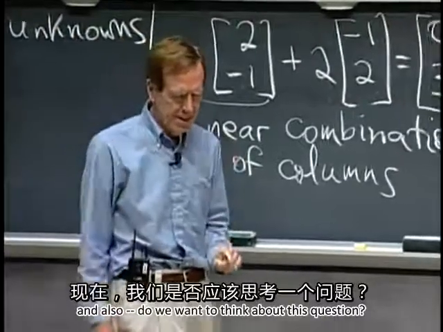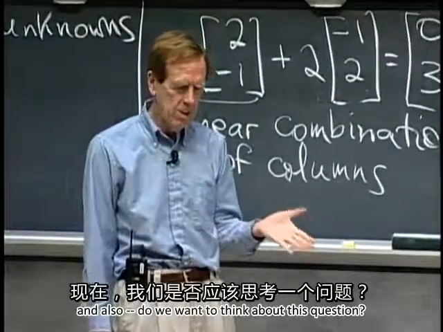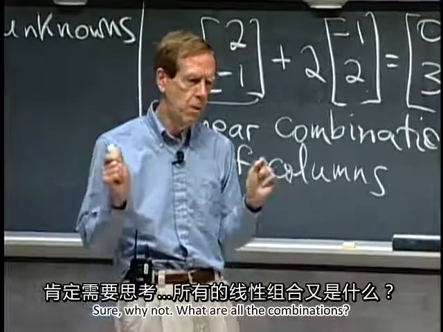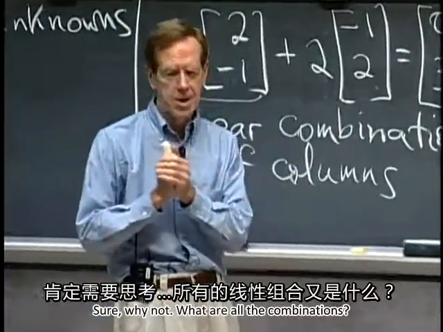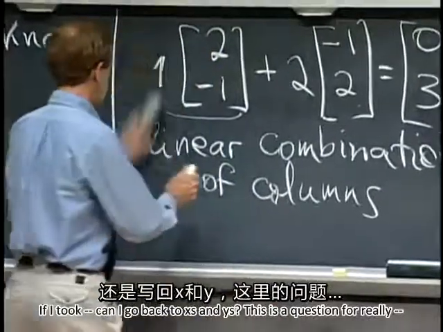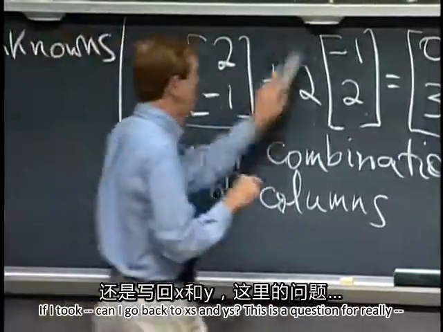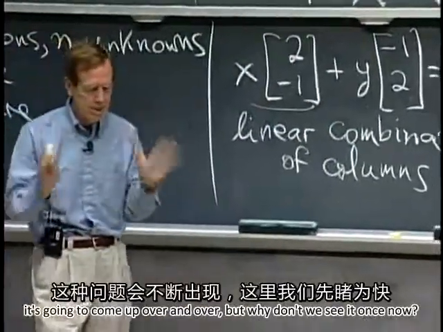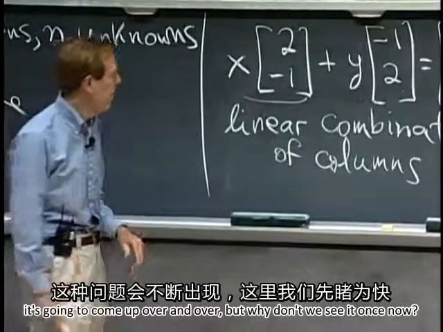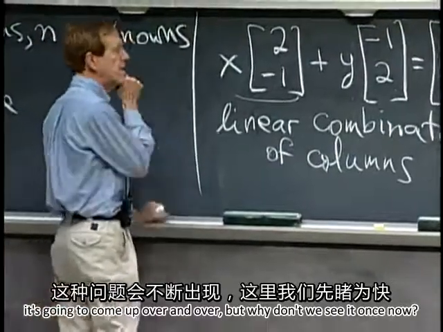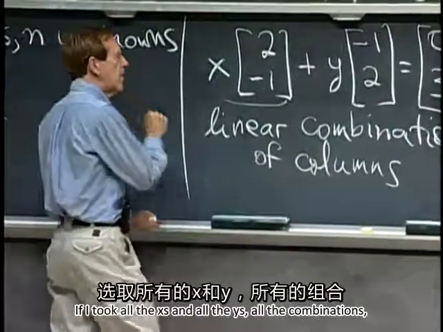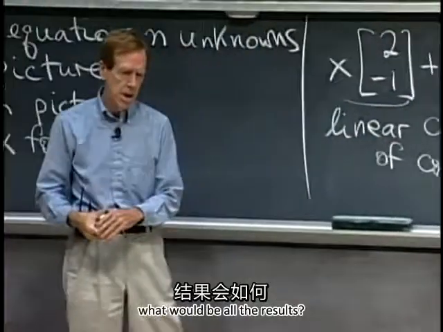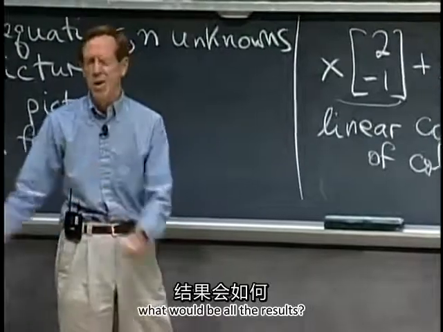And also, do we want to think about this question? Sure, why not? What are all the combinations? If I took, can I go back to x's and y's? This is a question that's going to come up over and over, but why don't we see it once now? If I took all the x's and all the y's, all the combinations, what would be all the results?